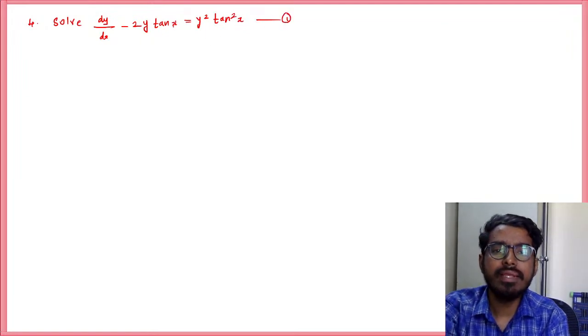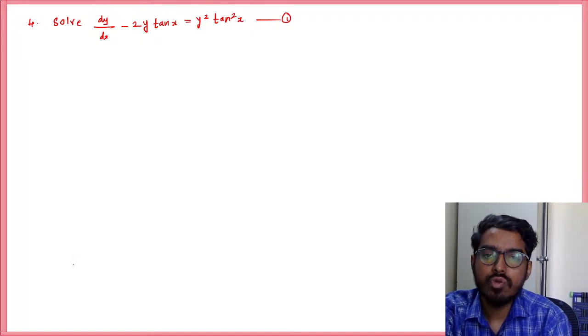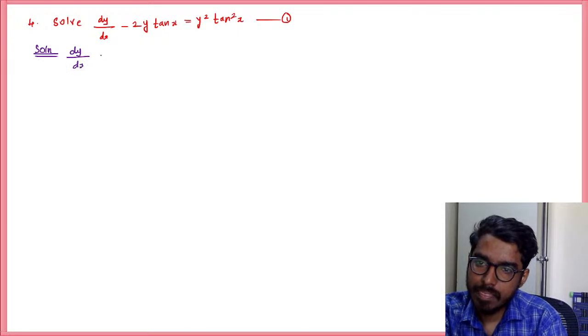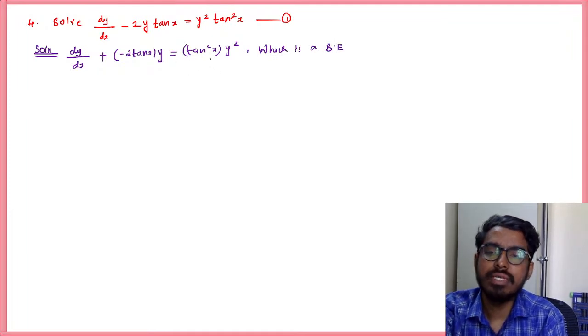So you can see again it's a Bernoulli's equation, right? Dy by dx plus py is equal to q into y power n, where p and q are functions of x, right? So we have dy by dx plus py, so minus 2 tan x into y is equal to tan square x into y square, which is a Bernoulli's equation.